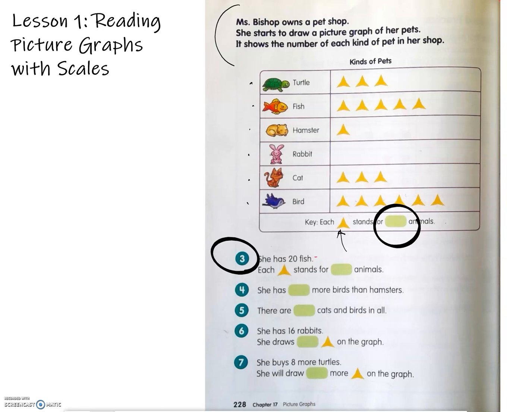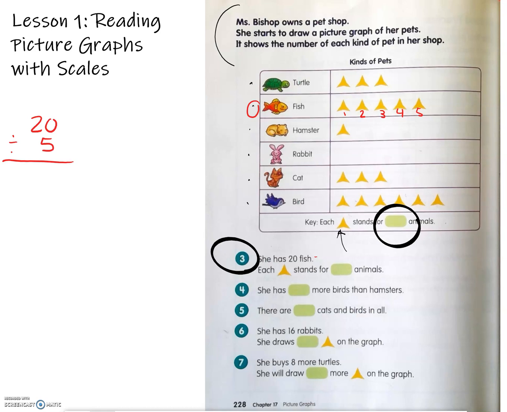So I can use this information to find out what each symbol stands for. I'm going to go to where it says fish. There are 1, 2, 3, 4, 5 symbols. And if all of those symbols together equals 20 fish, I need to divide 20 divided by 5 to figure out what each symbol stands for.